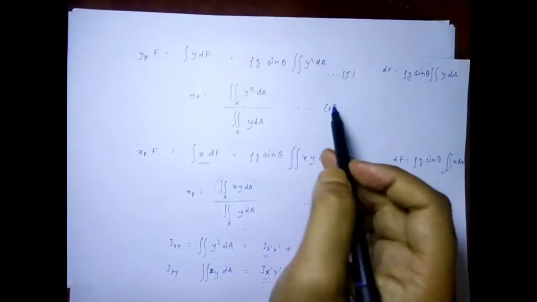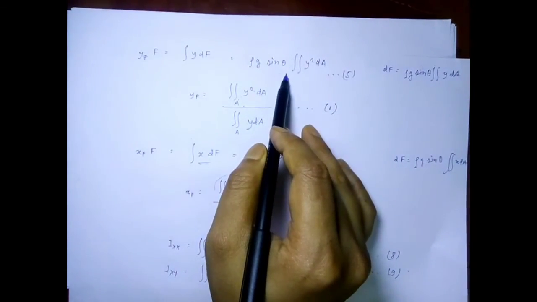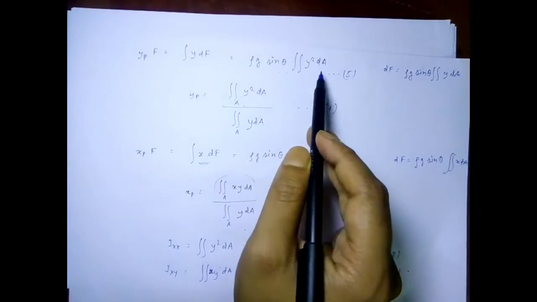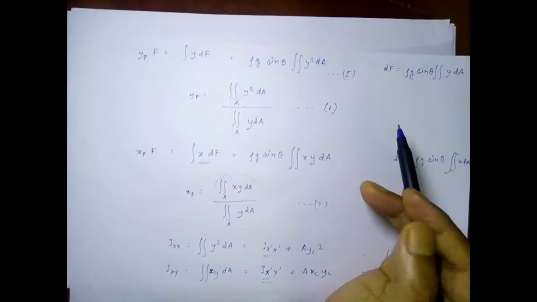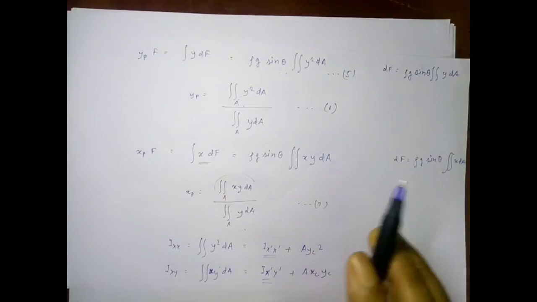Equation 6 was yp F equal to rho g sin theta integral of y square dA, and the integral of y square dA is basically Ixx, and that is equal to Ix dash plus A yc square.